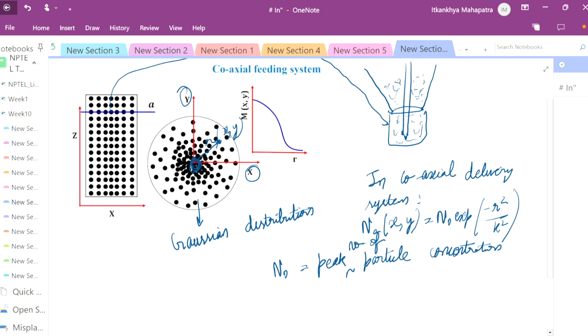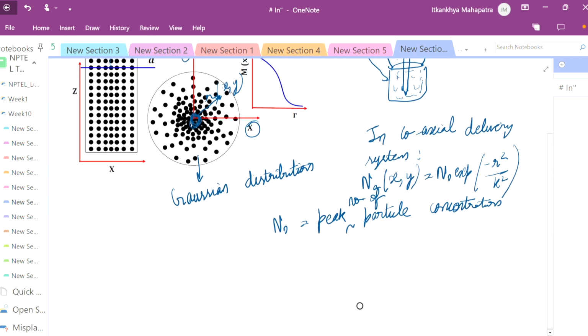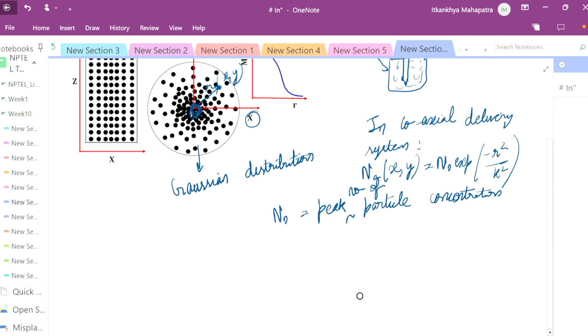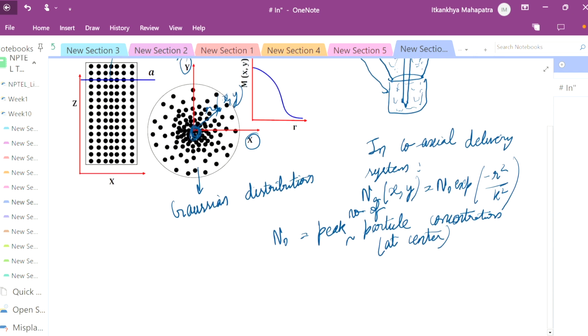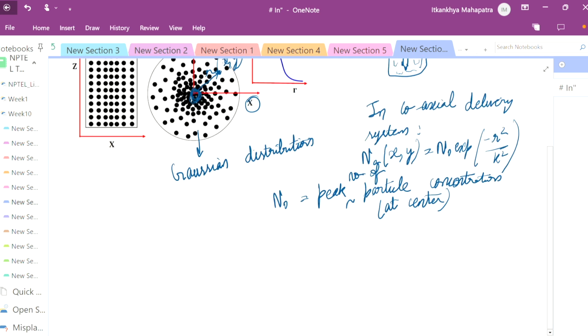Fine. So at center. Now we have to calculate the value of n naught.